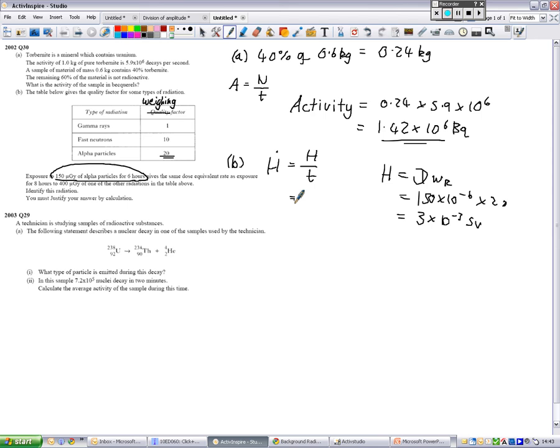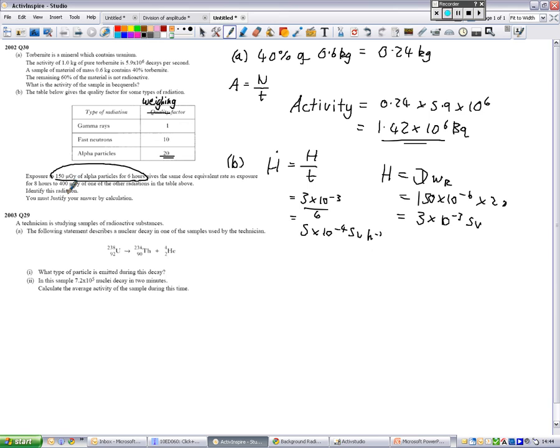We can now pop that in here and figure out what the dose equivalent rate is. 3 times 10 to the negative 3, divided by 6 will give you 5 times 10 to the negative 4, and that's sieverts per hour. Now what you're told is that is equivalent to the dose equivalent rate for the other type. So 2 ways you could do this.